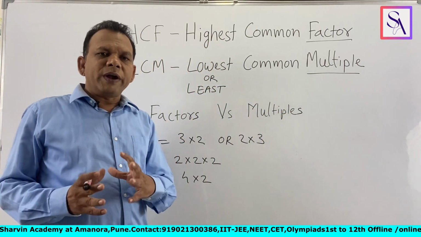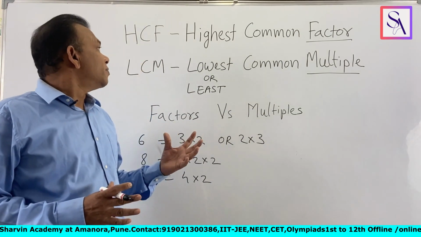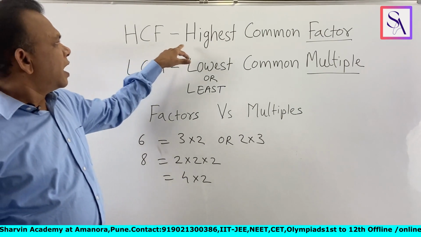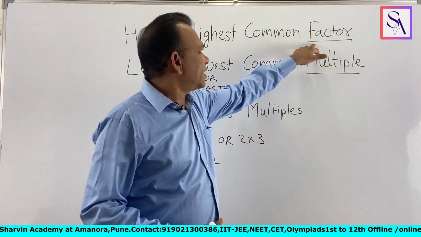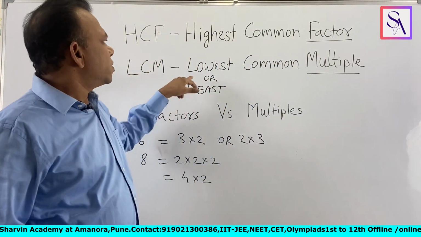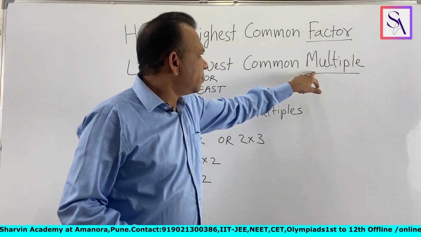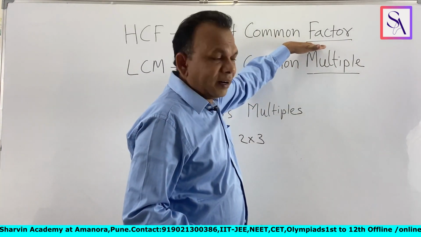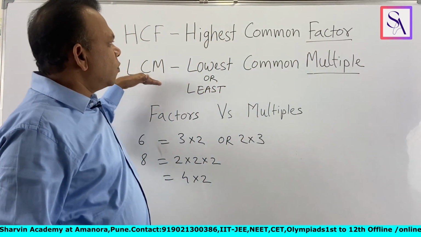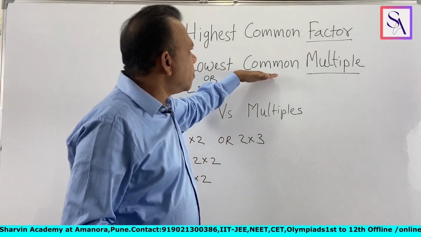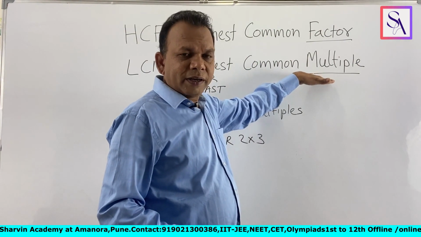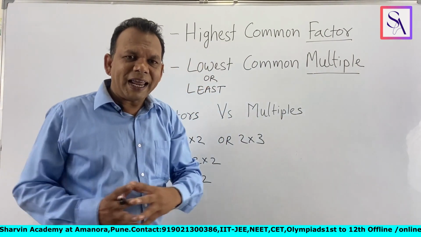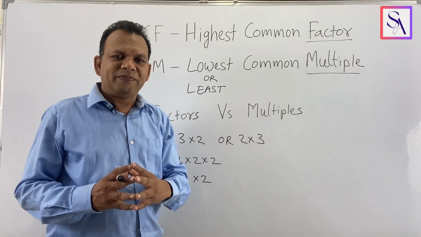These terms we are going to use in LCM and HCF. That's why HCF is highest common factor and LCM is lowest common multiple. In HCF we have to find the common factor, and in LCM we have to find the common multiple, right? So remember these concepts while learning HCF and LCM.